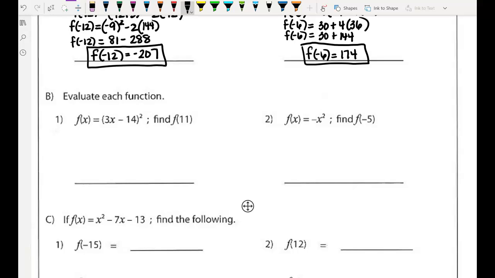So part B, f of x equals the quantity 3x minus 14 squared, and they want us to find f of 11. So f of 11 means I'm going to take 3 times 11 minus 14, and I'm going to square that. How I put that in my calculator to make sure that I am putting that in correctly.